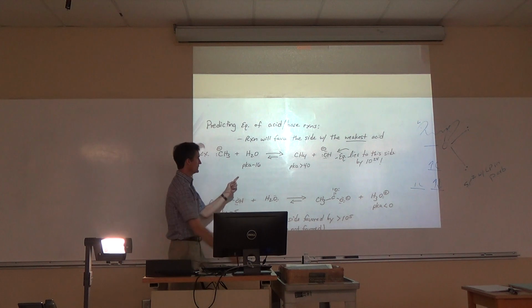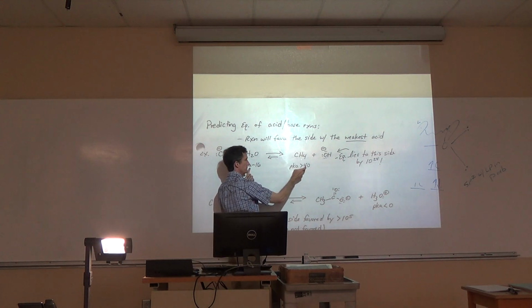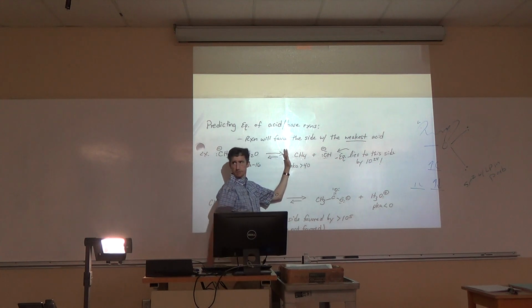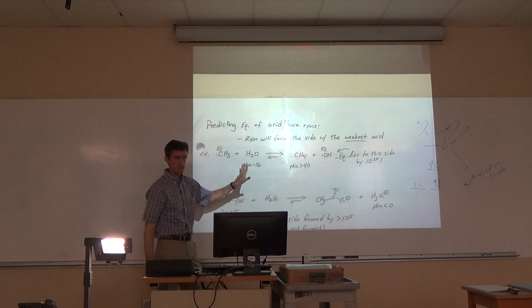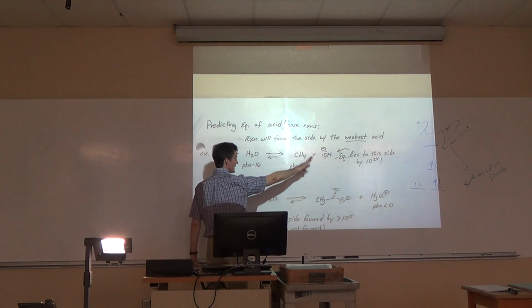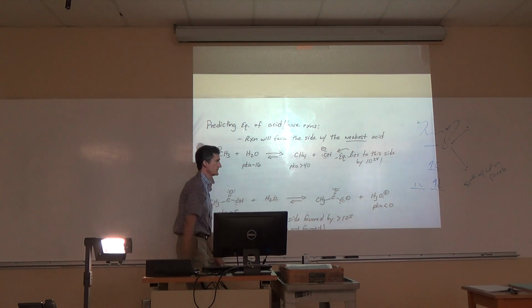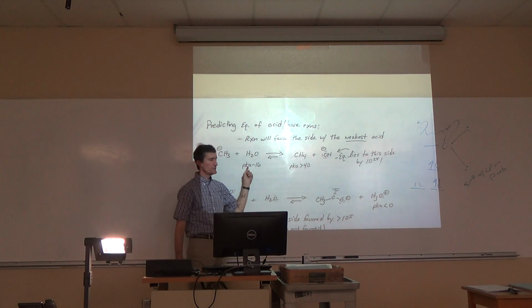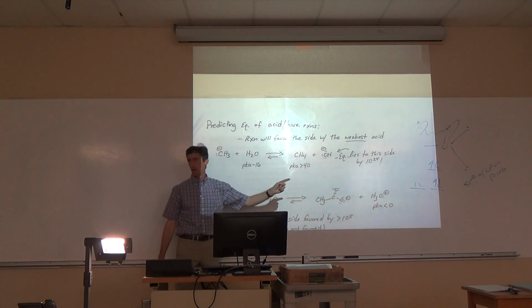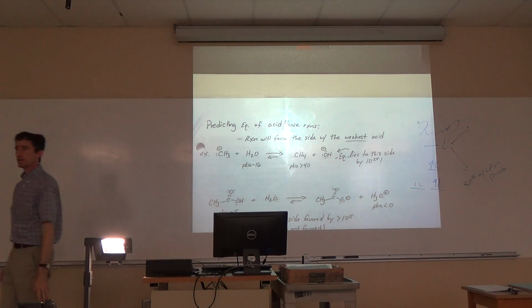The weakest acid. Which is the weaker acid, water or methane? Methane. So this side's favored. By how much? Difference in your pKa's. What's the difference? 10 to the 24. That's got to be at least 100 gazillion.